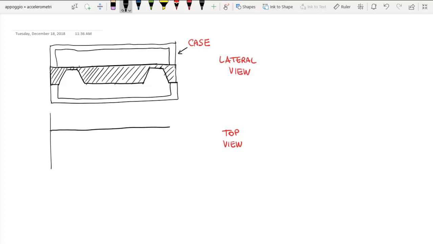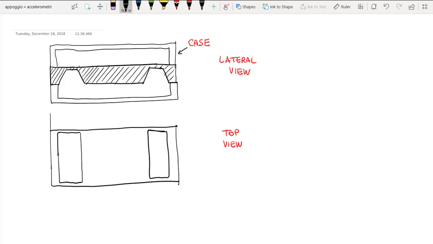Basically, this membrane has a rectangular shape, but in particular, it has some very thin regions, this one.